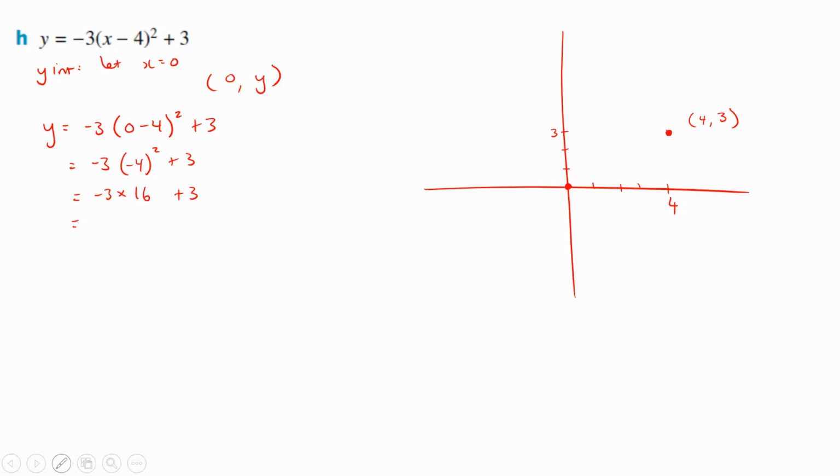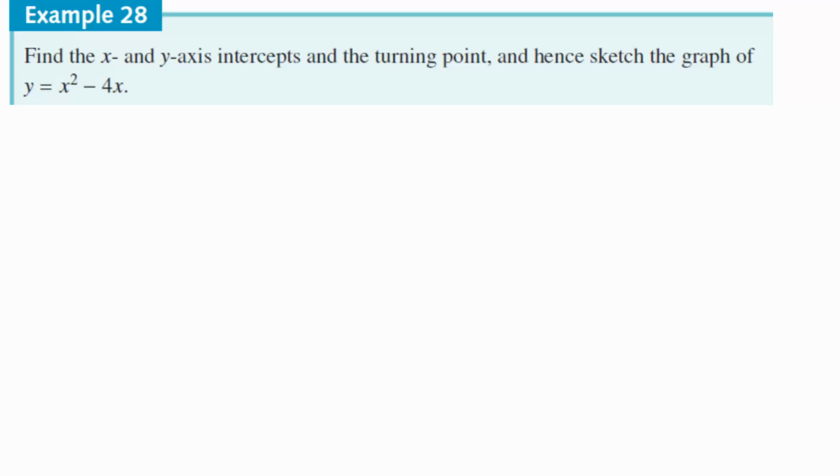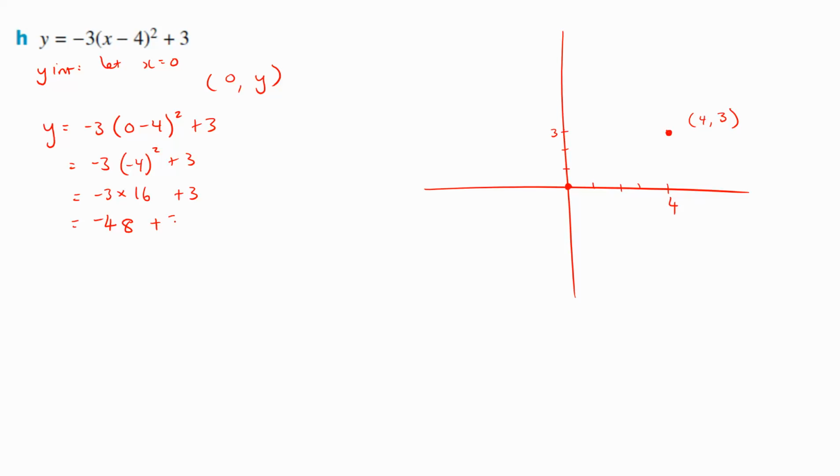What is -3 times 16? I think it's -48. Yes, it is, -48 plus 3. And -48 plus 3 is -45.